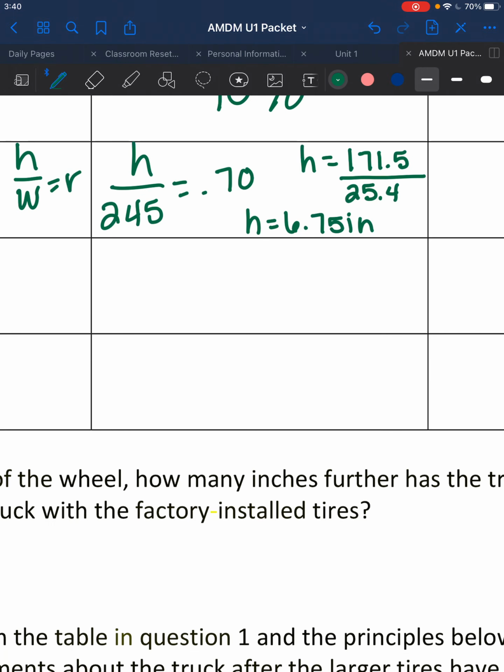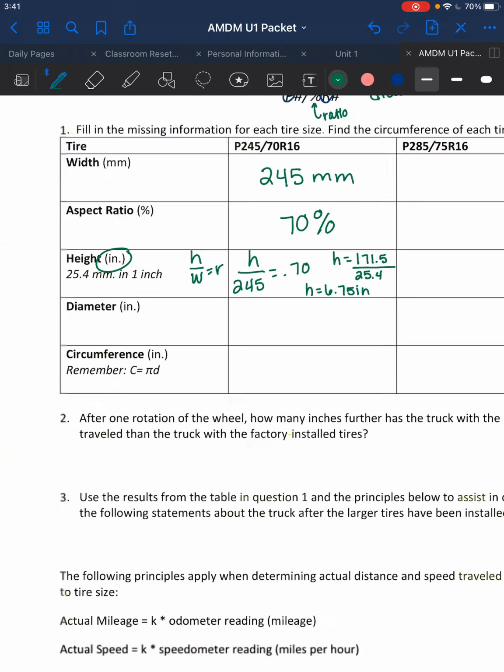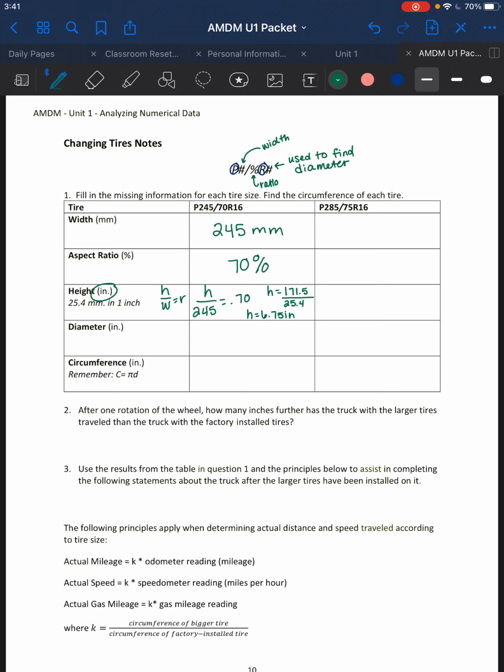For my diameter, I'm going to use that number at the very end and say 16 plus 2 times my height. So it's the number from the top plus 2 times height, and that is going to be 6.75. Once again, I'm just typing this into the calculator. 29.5 inches is my diameter.